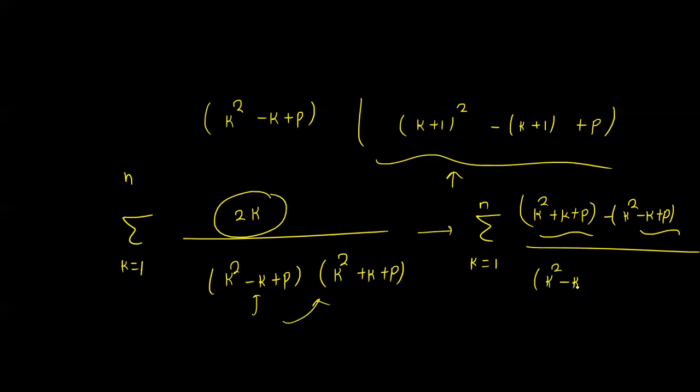So this will become this. Now you can easily see the difference of two terms: summation k from 1 to n, 1 divided by (k square minus k plus p) minus 1 divided by (k square plus k plus p).